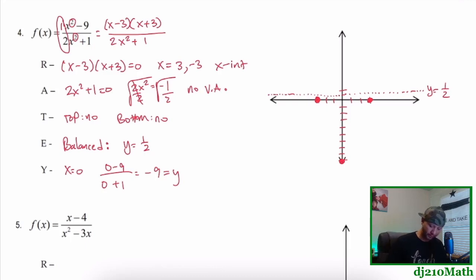Okay, so let's see. What do we have here? Well, I know that it has to cross the y-axis at negative 9, but it also has to cross the x-axis at negative 3 and positive 3. And it has to tend towards the horizontal asymptote.